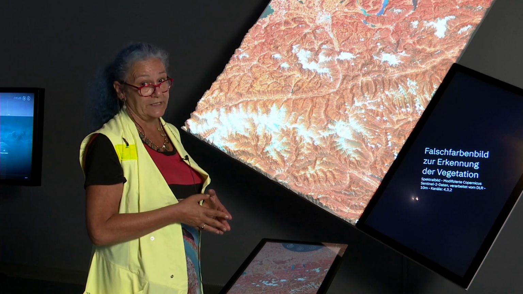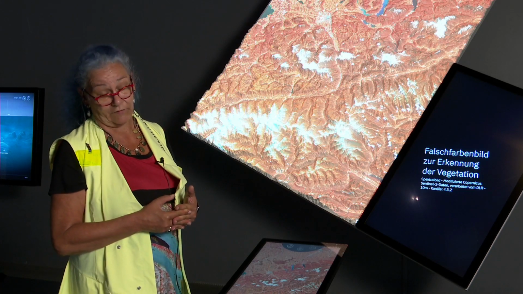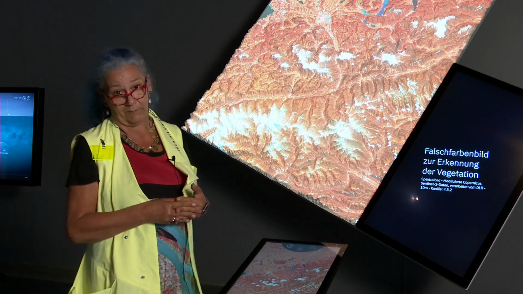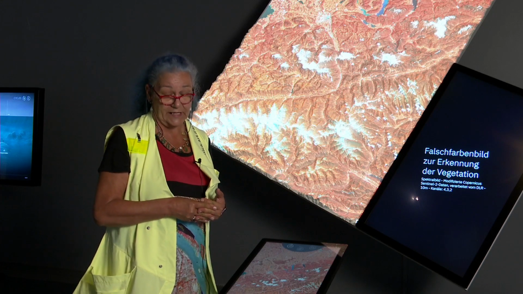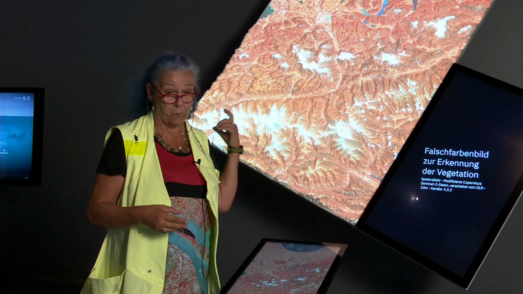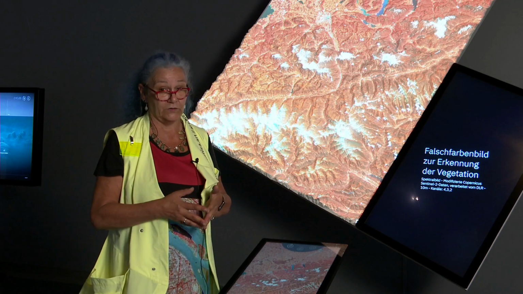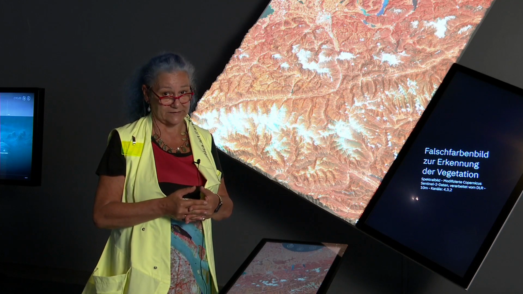Then you can imagine that everything which has exactly the same red color in this image are also strawberries. And you also see the stress of a plant, because if a plant is very stressed, then it reflects less. So you have a white spot in there. But you don't know why the plant has stress.